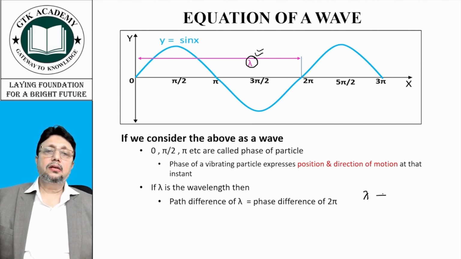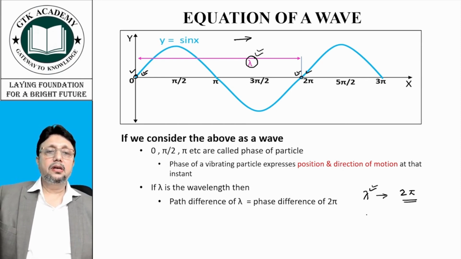This path means a phase. Suppose the wave is traveling in this direction. Consider this particle and this particle. There is a phase difference of 2 pi between them. 2 pi of phase difference is equal to a path difference of lambda.